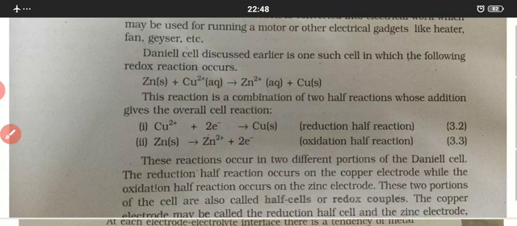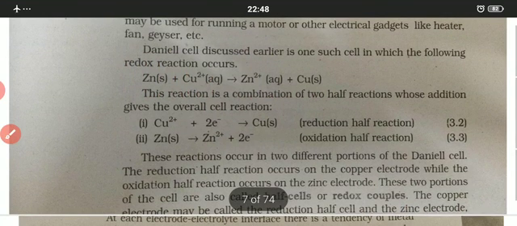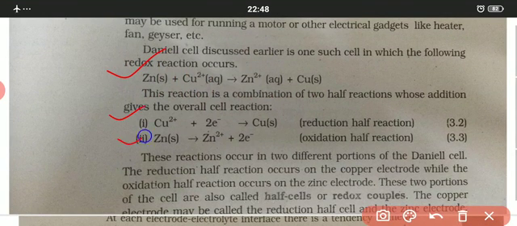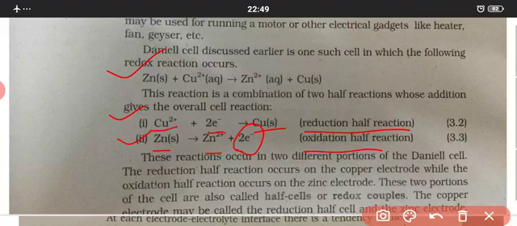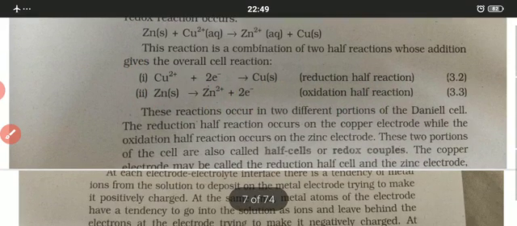The overall reaction of the Daniell cell is a combination of two half reactions: one is the reduction half and the second is the oxidation half. In the reduction half, copper gets reduced by accepting 2 electrons to Cu solid, while in the oxidation half, the zinc electrode gets oxidized to Zn2+ and releases 2 electrons.